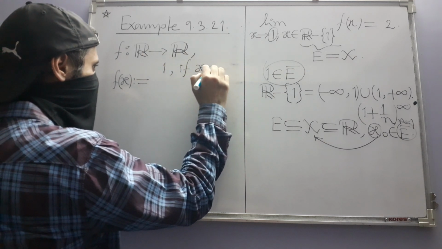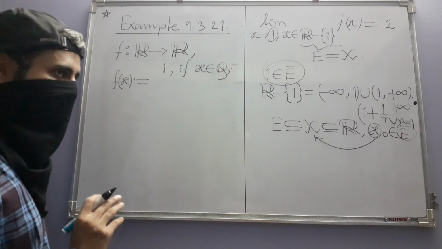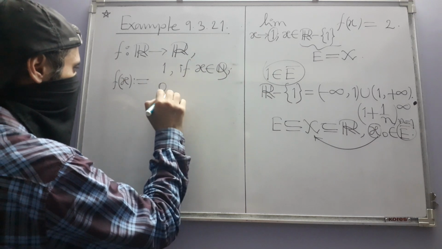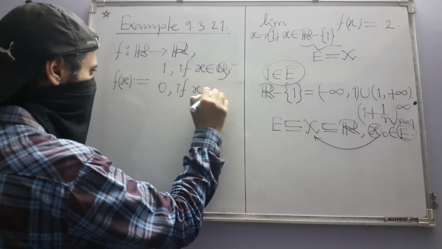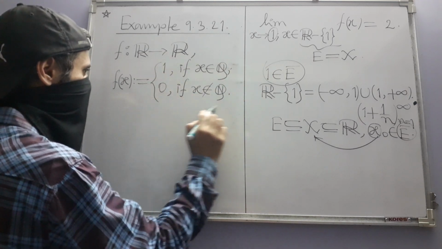if your input is rational, then the function takes the value 1. But if your input is an irrational number, then the function takes the value 0.